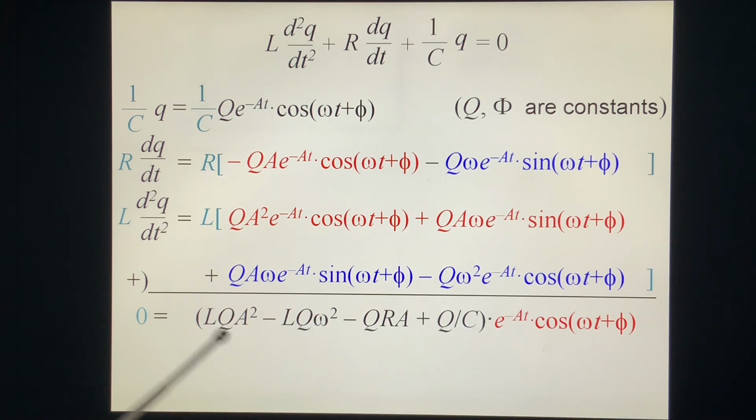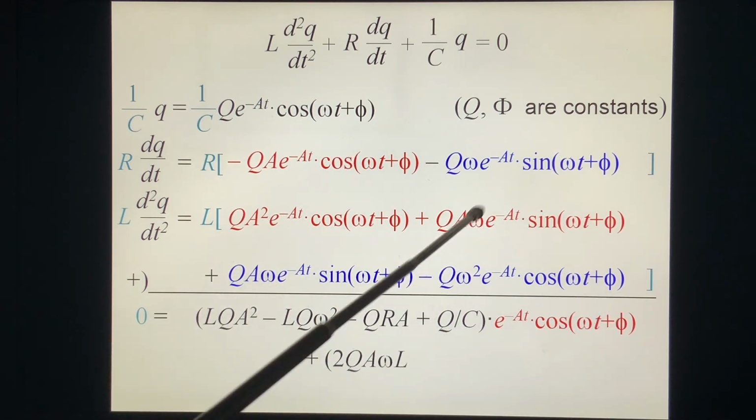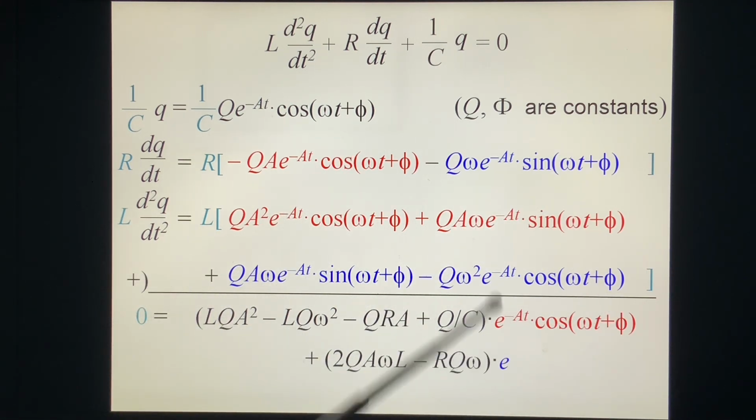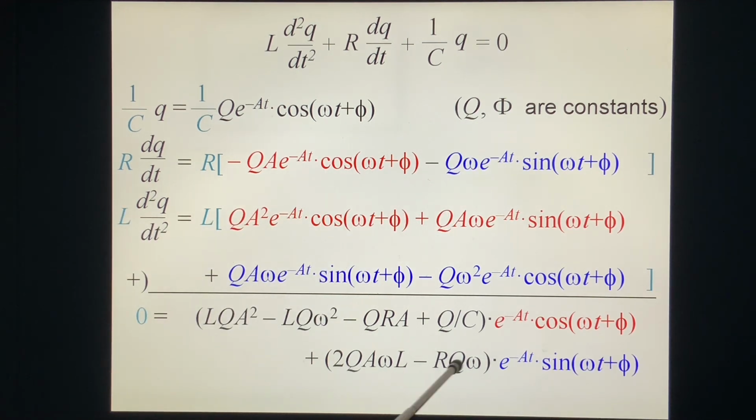This is the coefficient in front of this term. And then we have sine. Look at the sine: minus Q omega R, and this side, they are the same.